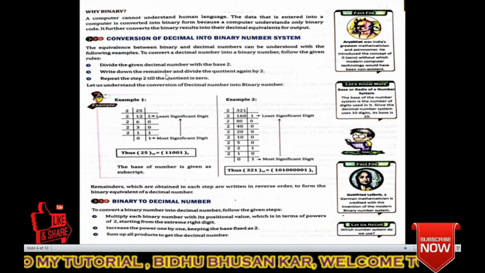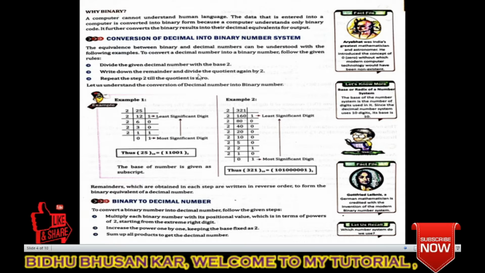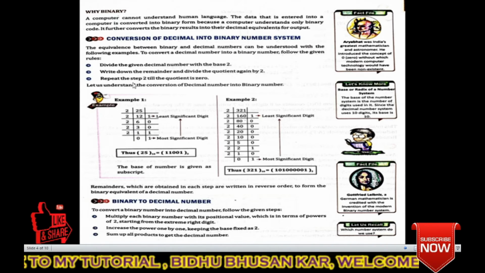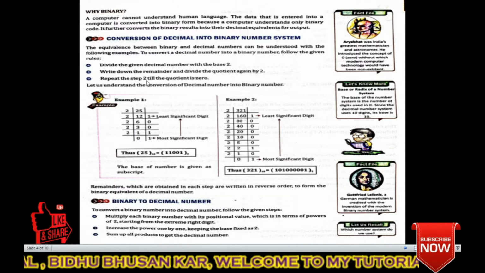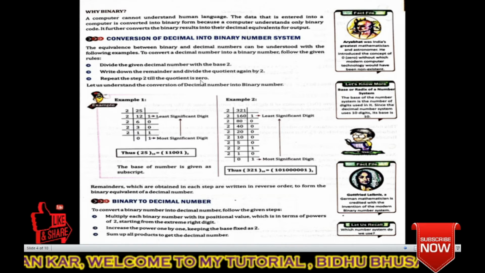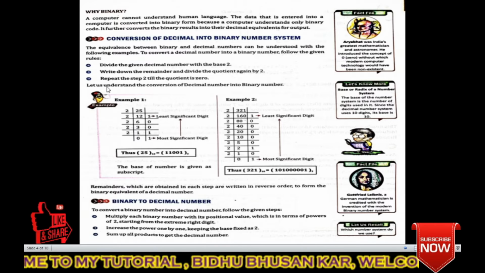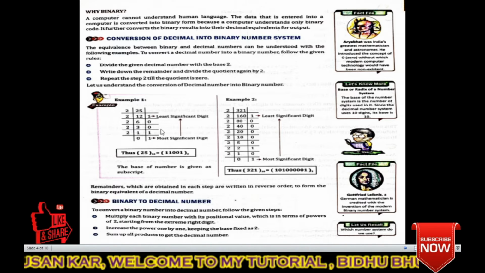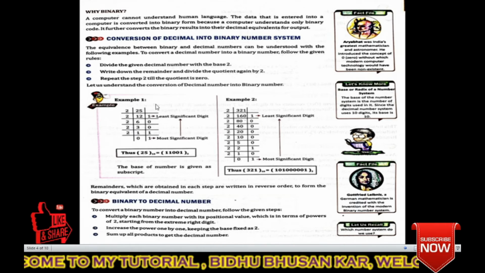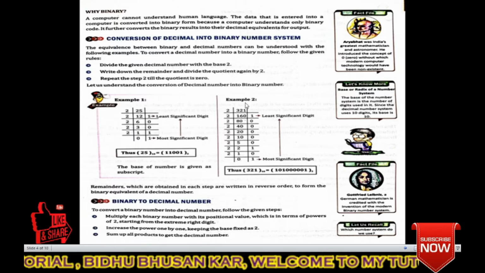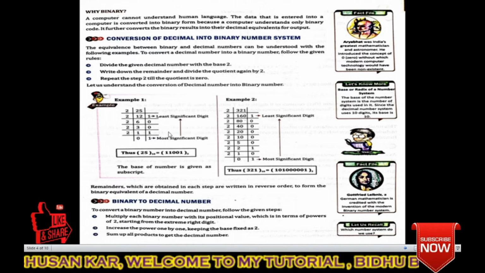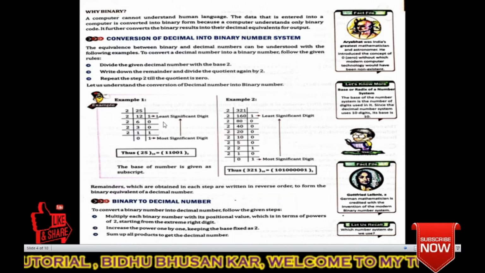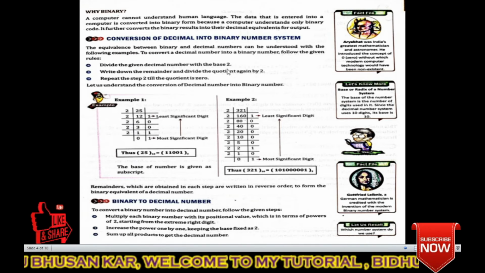Write down the remainder and divide the quotient again by 2. Next, repeat the step till the quotient is 0. Let us understand the conversion of a decimal number into a binary number. Here there are two examples, example 1 and example 2. Let's see how a decimal converts into the binary number system.